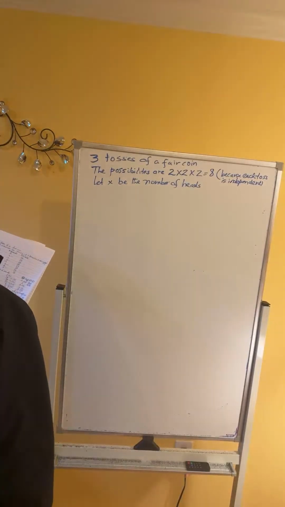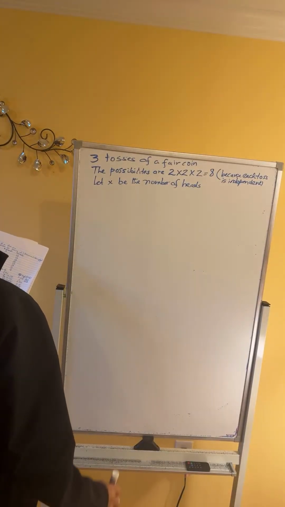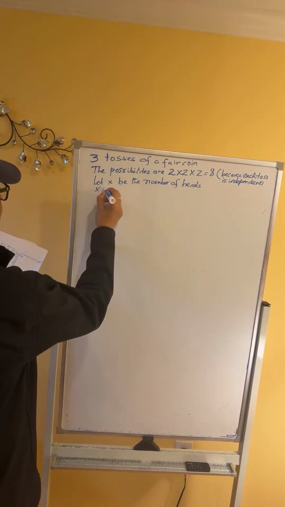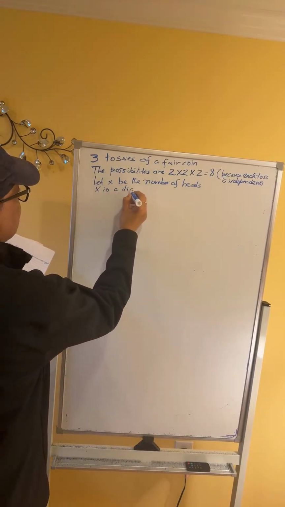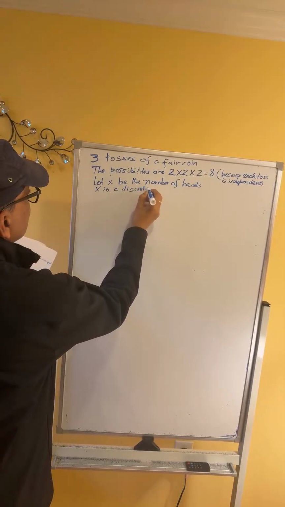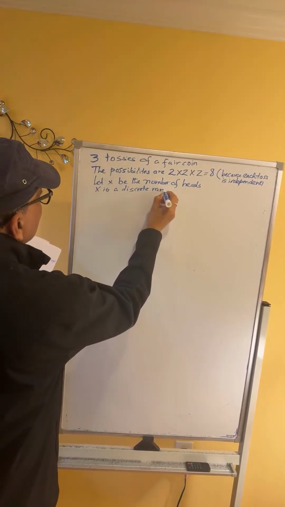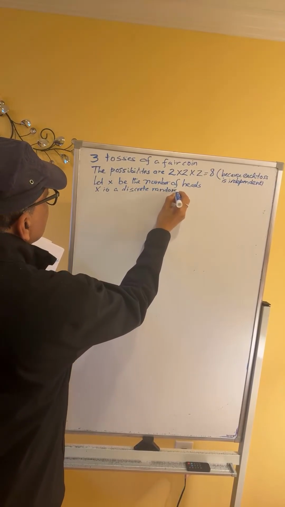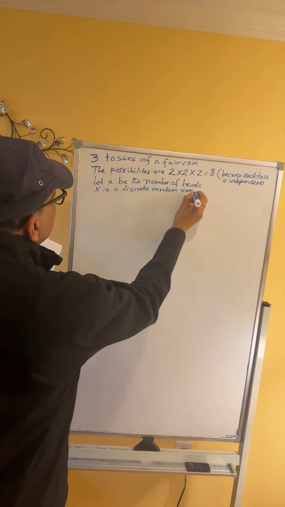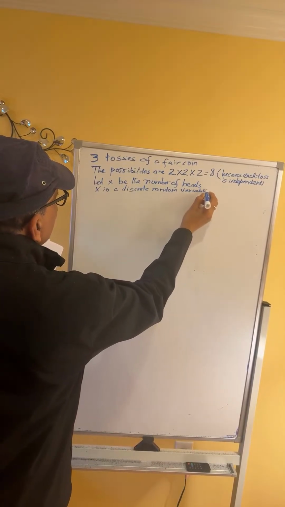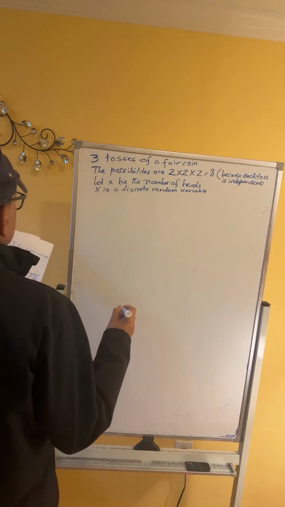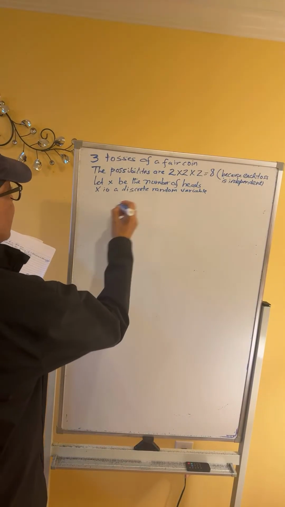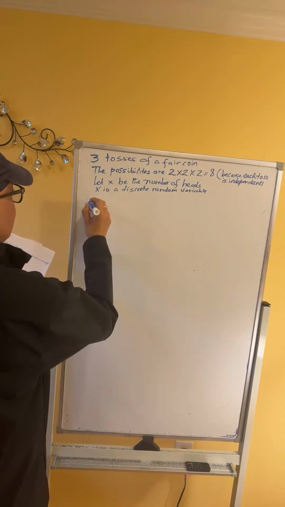So x is a discrete random variable, number of heads in these 3 tosses. Discrete because either you can get 0 heads, 1 head, 2 heads, or 3 heads. So first we will look at the situation where we get all heads.